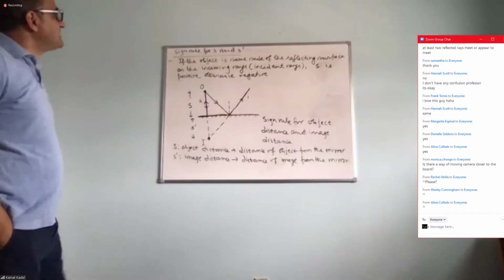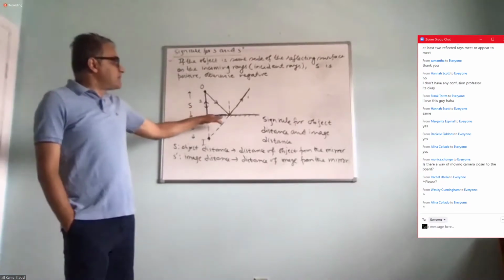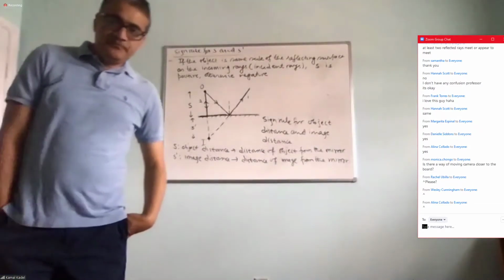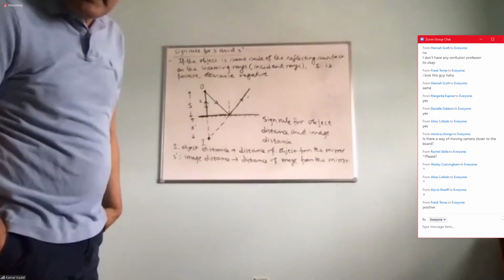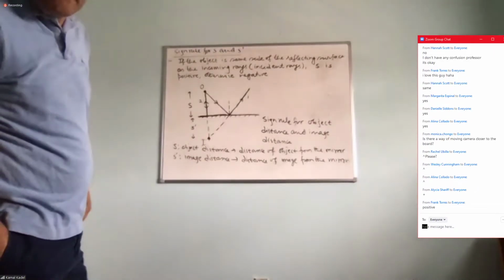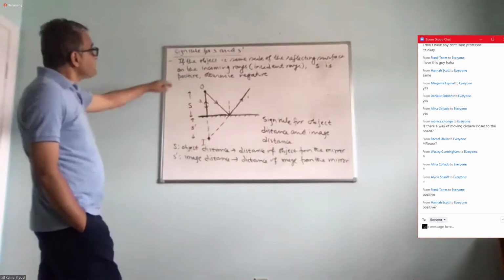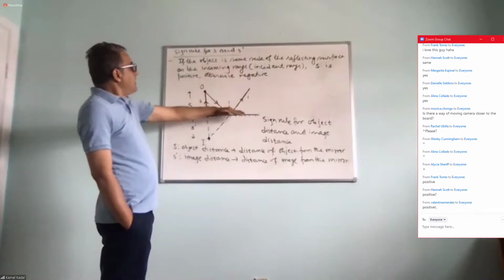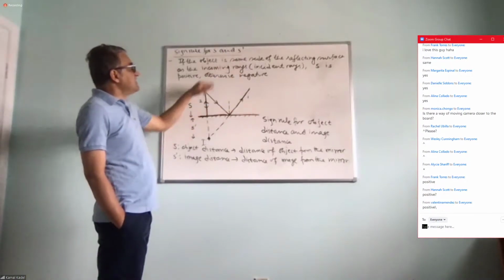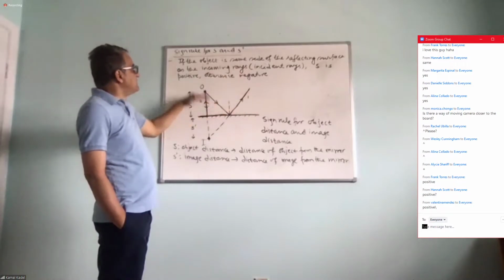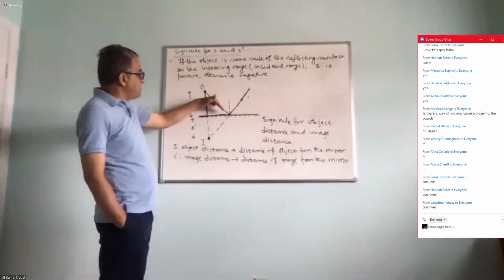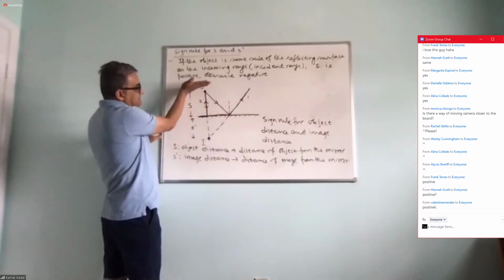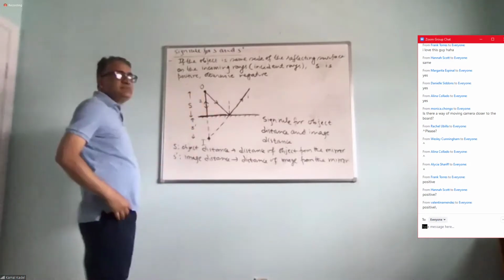So if you understand what it says, and if you look at this figure right now, is this S positive or negative? Positive, yes, good. Frank said it's positive. It says that if the object, this is the object, is on the same side of the reflecting surface as the incoming rays, this is the incoming rays, right? So the incoming rays are on this side and the object is also on the same side. So in this situation, S is positive.